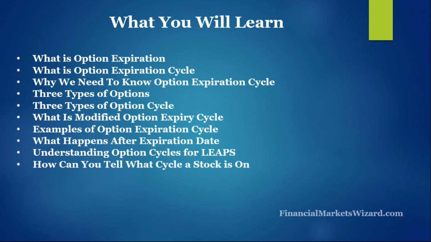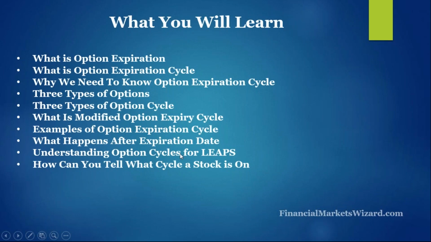I will give you examples of the option expiration cycle and explain what happens after the option expires on Friday, and how the other months are added. So what's the logic? Once you know the logic, you know which months will be added, so you can take care of your trades.